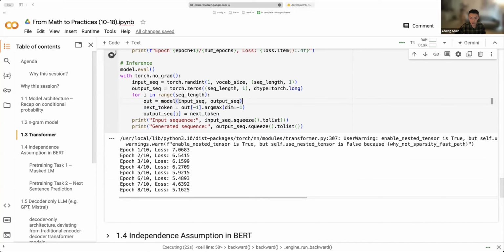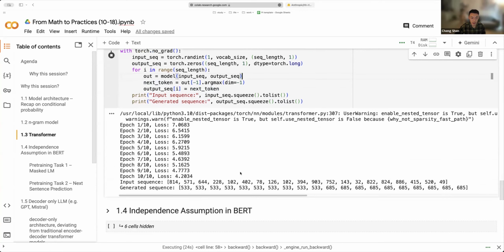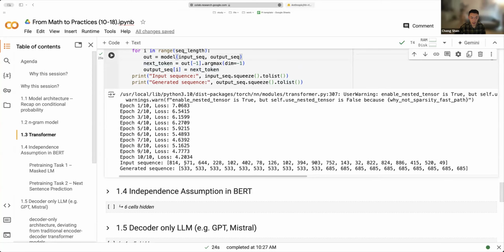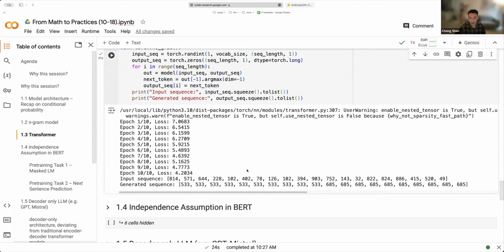It's actually doing the training for 10 epochs. All the input sequences here are already the IDs of the tokens, so we don't see the words exactly. But as you can imagine, the generated sequence is not very high quality. There are a lot of repetitive tokens here.